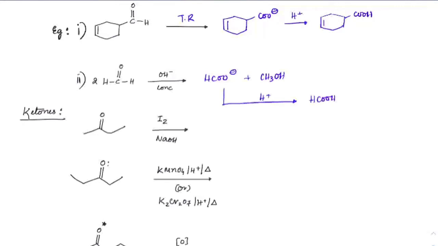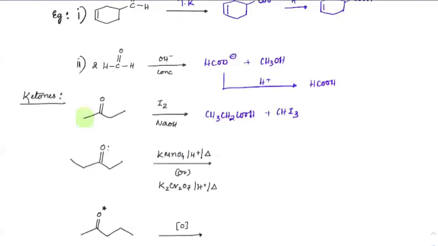Next, ketones. We have just seen that if it is I2/NaOH, we will have CH3CH2COOH plus CHI3. So this part will become haloform. And in the second case, first an enol is formed. Enol will always form at the more stable side.